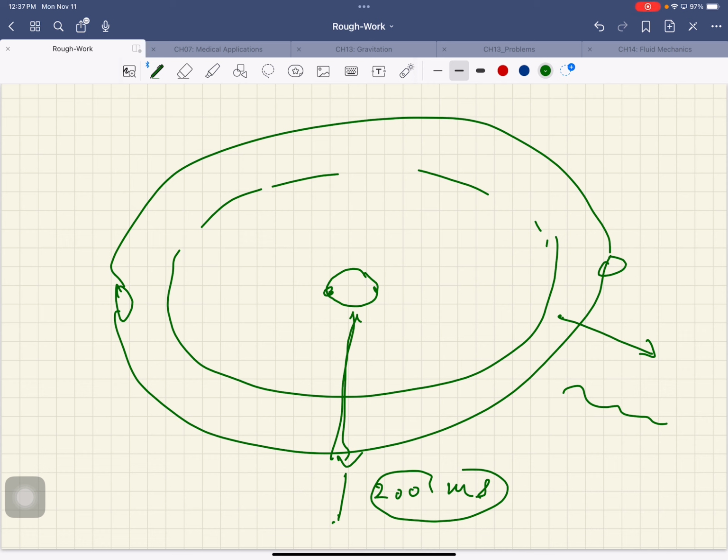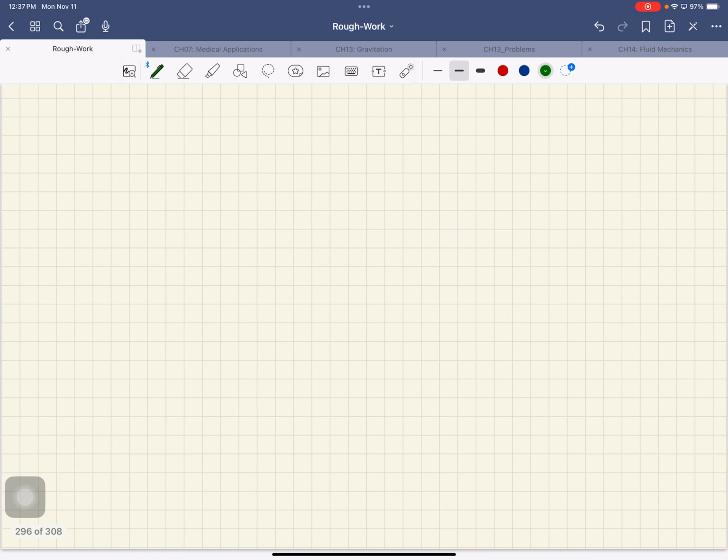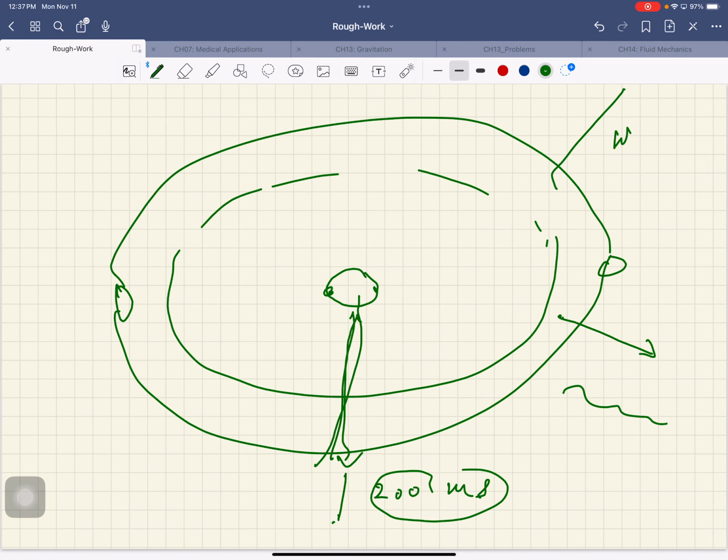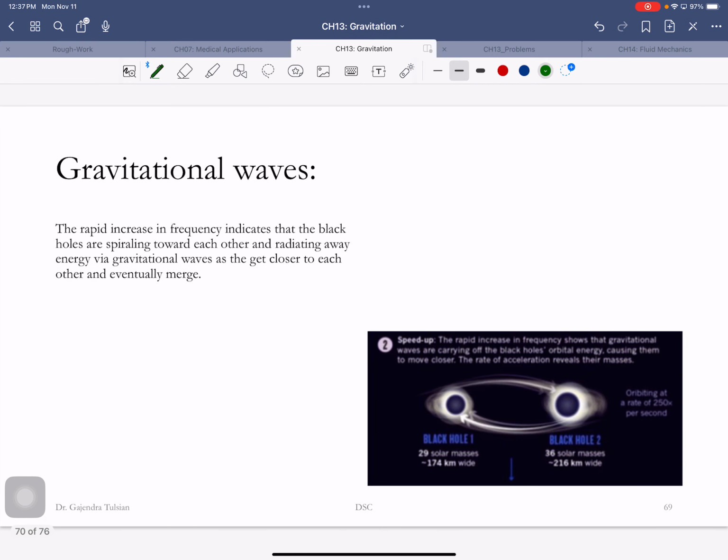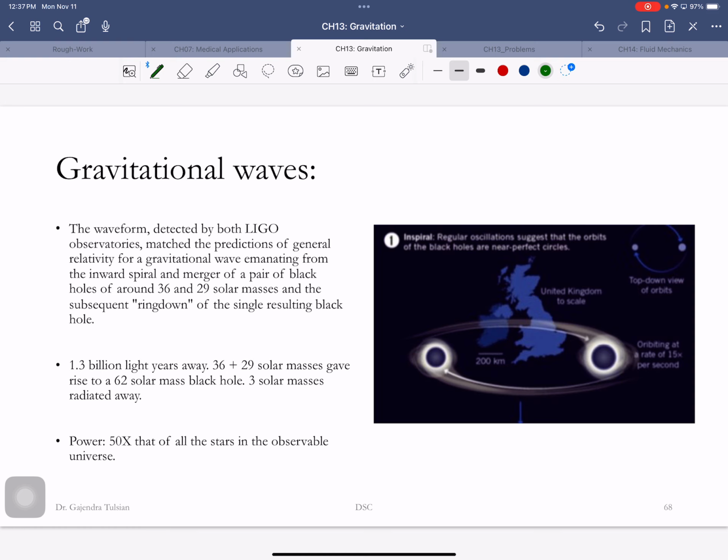So why do you think that happened? This was a very weak signal. It was strong enough only for the last 200 milliseconds, so that's what we detected. Is it because of the change in mass that occurred when they merged?